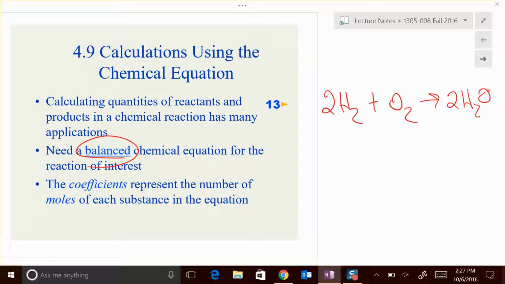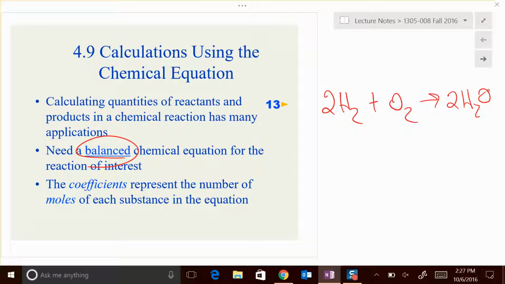Okay? Because that helps us see actually as well the number of atoms. 2 molecules of hydrogen would react with 1 molecule of oxygen on the atomic level. But on the molar level as well, it's 2 moles of hydrogen and 1 mole of oxygen. Okay? Which are the quantities that we can work with.